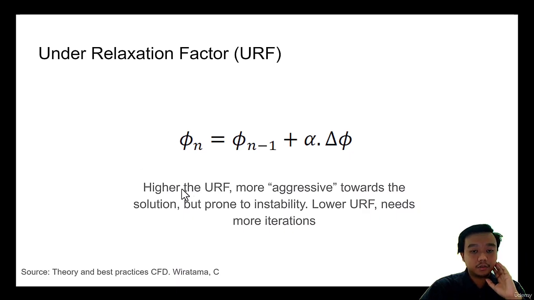Let's say if we use a higher number of URF, typically the value of 1, it will be more aggressive towards the solution, so it will be faster to reach your solution, but sometimes it will be unstable because of the aggressiveness. On the other hand, if we use a lower value of under-relaxation factor, more iterations will be needed to solve your solution.